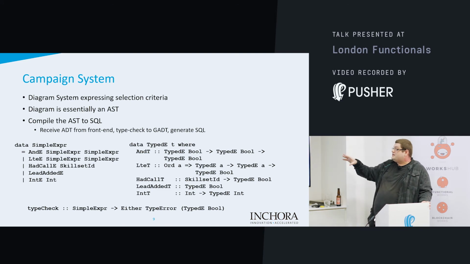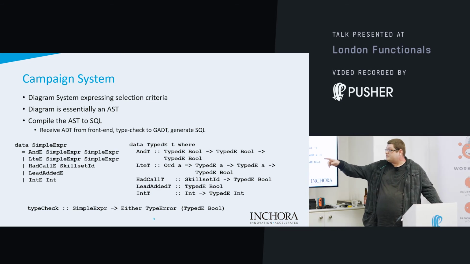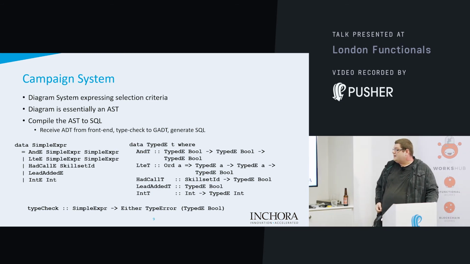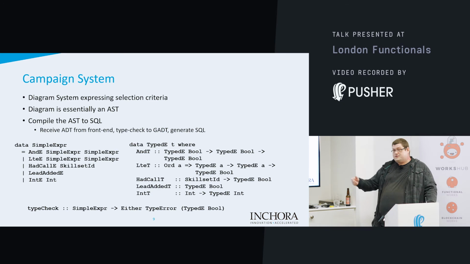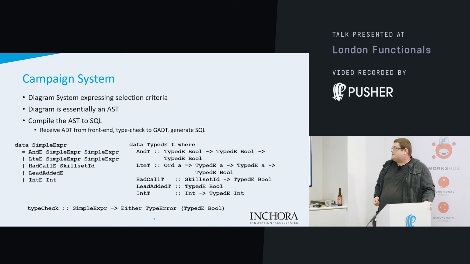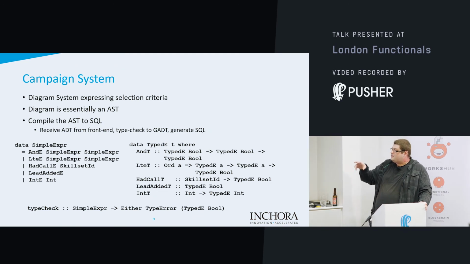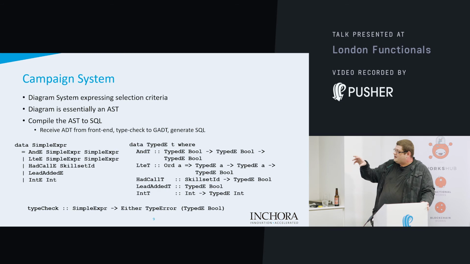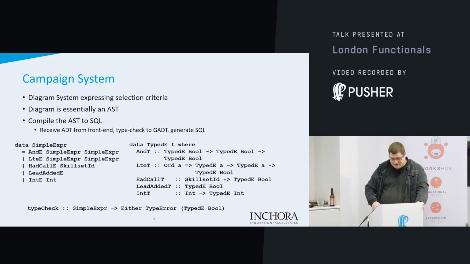So we can build these structures up with a very simple function that takes these simple expressions on the left-hand side, and the result of it is either a type error or it's going to be type T over A, not bool. And so in essence we're able to take each and every one of the constructors here and map it over to a typed variant. Does that make sense? Marvelous.